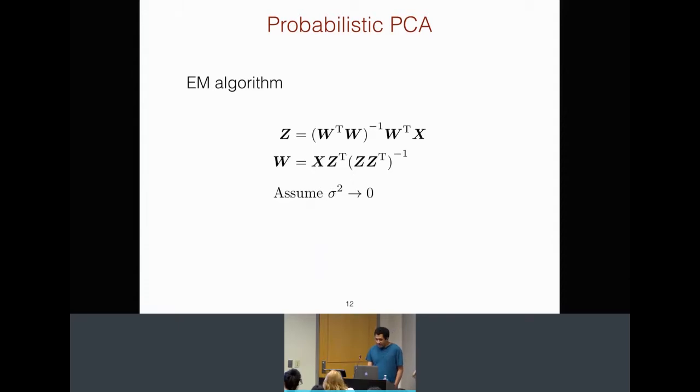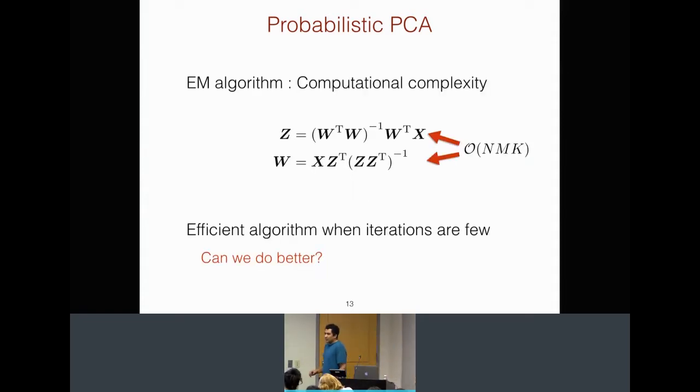Now the question is, have you gained anything by doing this? One thing that's worrying here is you're doing all of these matrix inverses. Always a worry when you're trying to scale up an algorithm. But it turns out, if we only care about computing the top few principal components, let's say your data is a million by a billion, but all I want to compute is the top 10, 20, or 30 principal components, so K is going to be 10, 20, or 30, while N and M are in the millions.